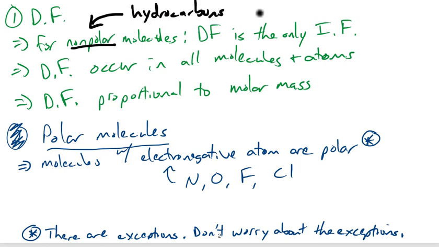And these are hydrocarbons, and it could be really any kind of string of C's and H's in some kind of formula. If you only see carbon and hydrogen in the formula, then it's a hydrocarbon, therefore it is nonpolar.